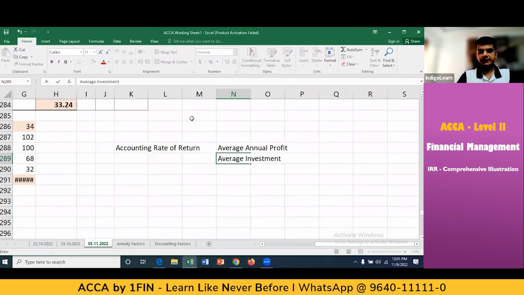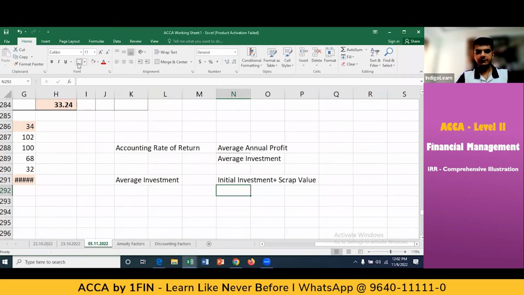Average investment means initial investment plus scrap value divided by 2. If I show you here, I'll just put this also: initial investment plus scrap value divided by 2.